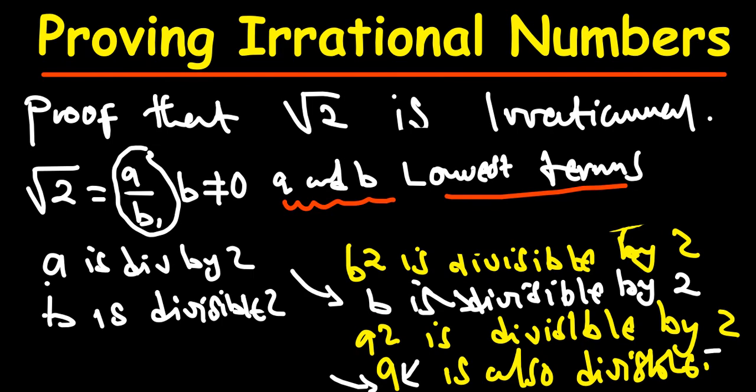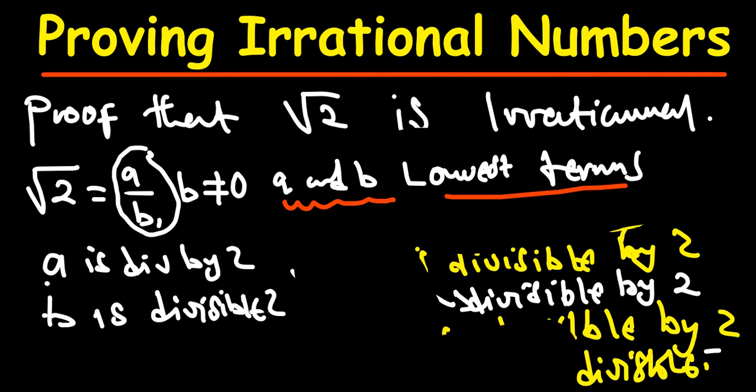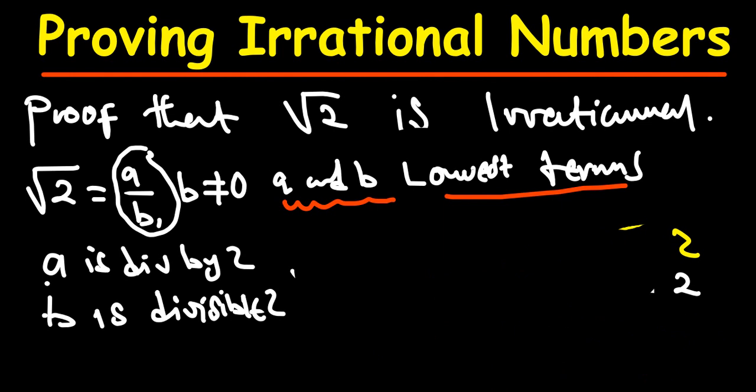Since our initial assumption is proved to be false, it means that the root of 2 is irrational. Because what we assumed at first is not what we are seeing here. We are seeing that both a and b are divisible by 2.